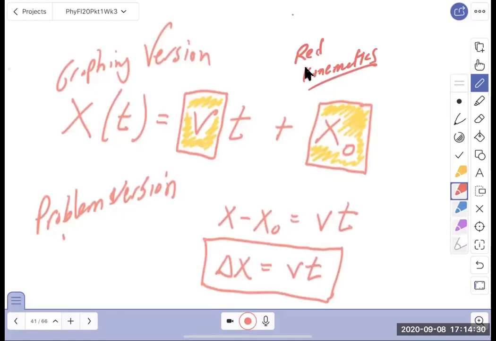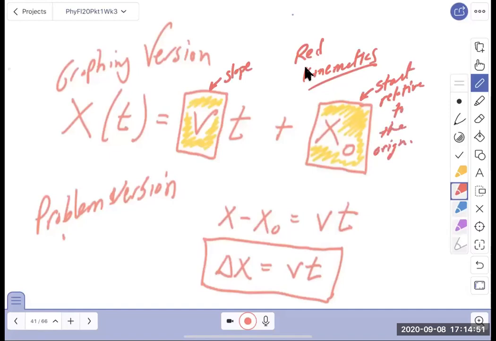Yeah, so this is the red equation, the basic red equation, and this will always be where you'll put your slope, and this will be where you put your start point relative to the origin.